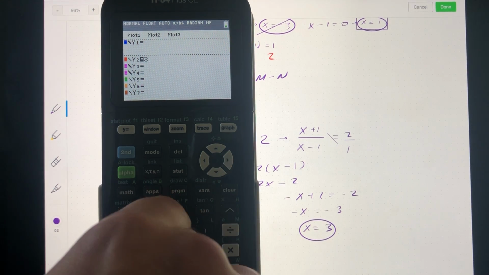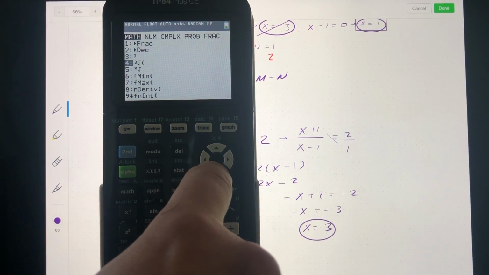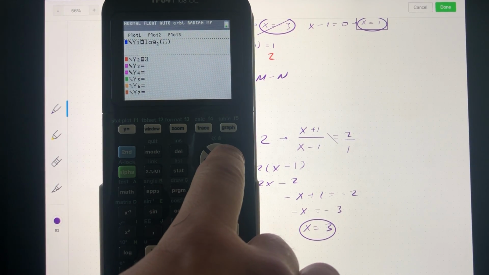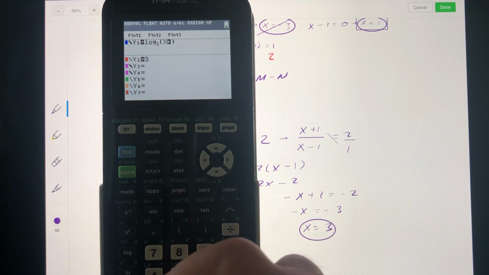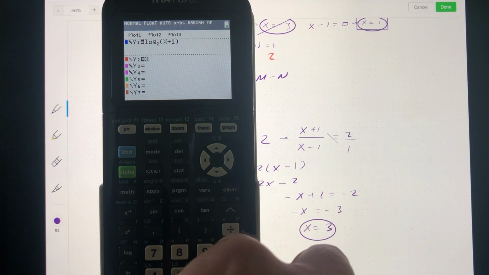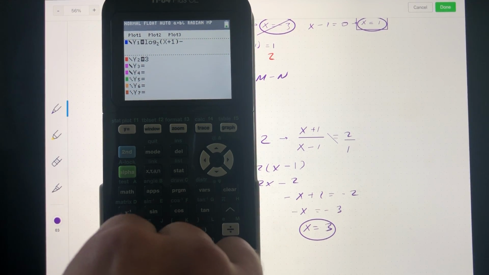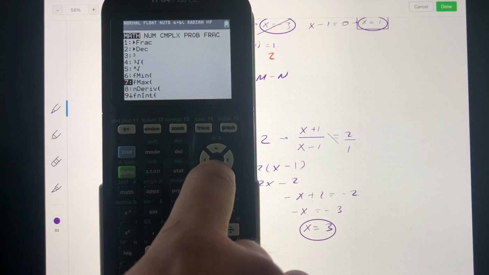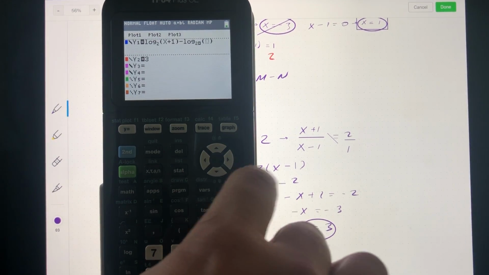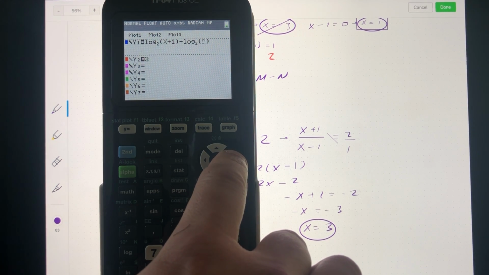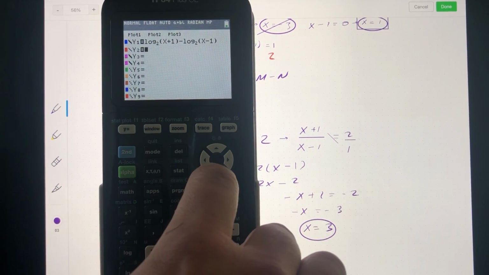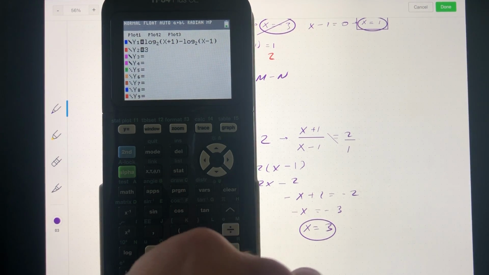We go to math, log of any base, choice A, log base 2 of x plus 1, and then minus, again math, log base 2 of x minus 1, and on the other side is equal to 1.